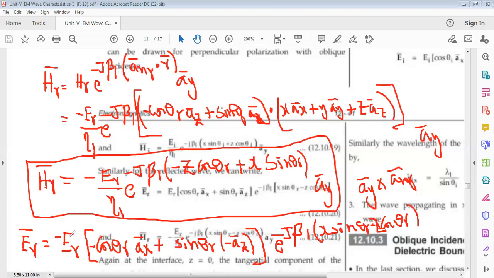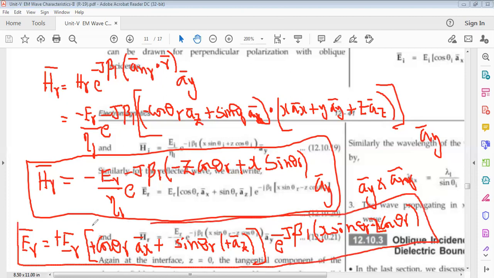So here the minus is there, here also the minus becomes a plus, and here also the minus becomes a plus. So E_r bar is equal to E_r into cos theta r a_x bar, sin theta r into a_z bar, multiplied with e power minus j beta 1 x sin theta r minus z cos theta r. So we got the H_r and the E_r.